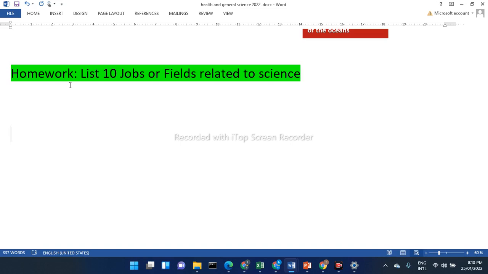For example, the doctor, a chemist, a botanist, the laboratory technician, a vet, a veterinary, a meteorologist. Those jobs are directly related to the natural sciences, not the social sciences.